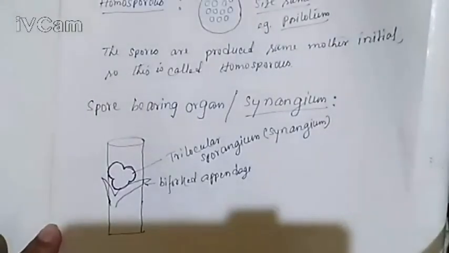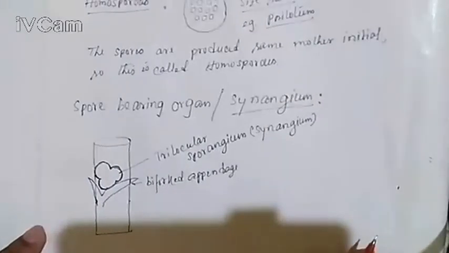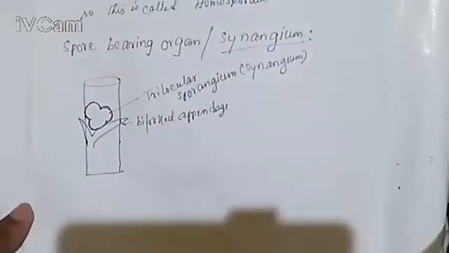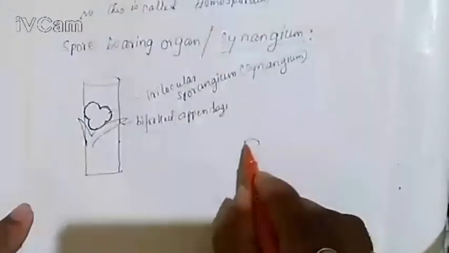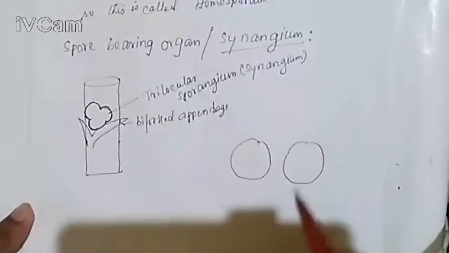Now we have to understand the cross section of the trilocular sporangium. If you cut the section, you can get the anatomical structure like this. Here is the sporangium. It is trilocular.